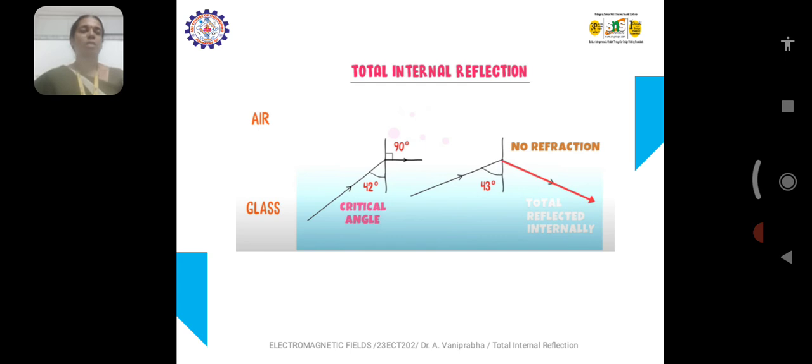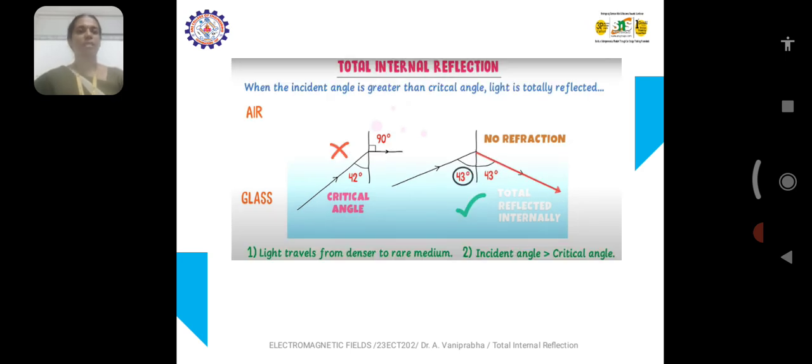Suppose the angle of incidence of the light ray is further increased above the critical angle, what happens then? The ray is totally internally reflected into the same medium. Whenever the angle of incidence is greater than the critical angle, total internal reflection occurs within the same medium. So this is about total internal reflection.